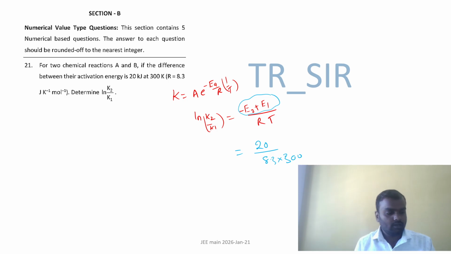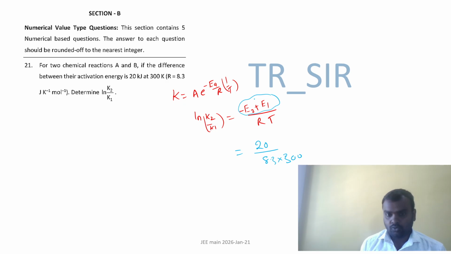So after solving, how much are we getting? 8.3 into 300, 20 by this. We need to get ln k2 by k1.